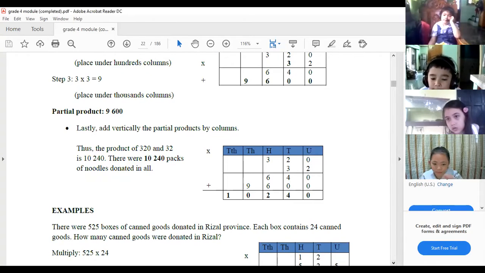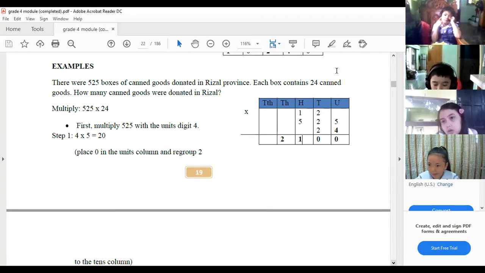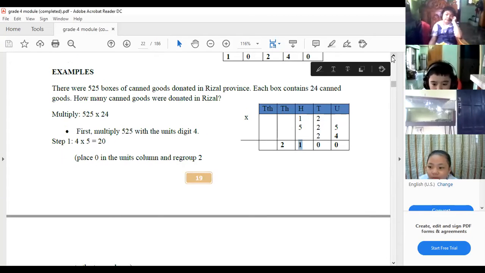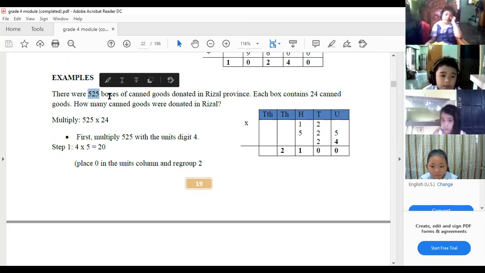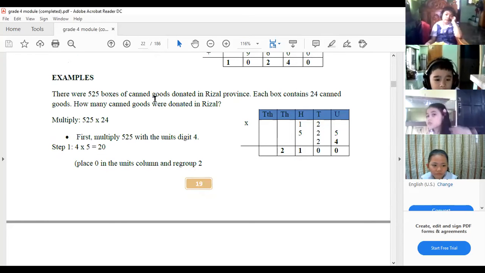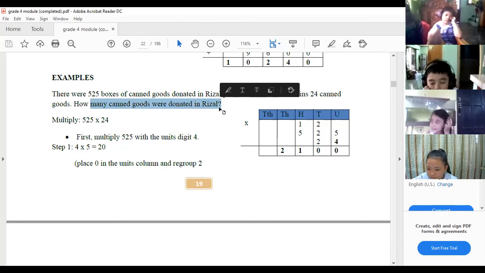Okay, so we have another example. There were 525 boxes of canned goods donated in Rizal province. Each box contains 24. How many canned goods were donated in Rizal?